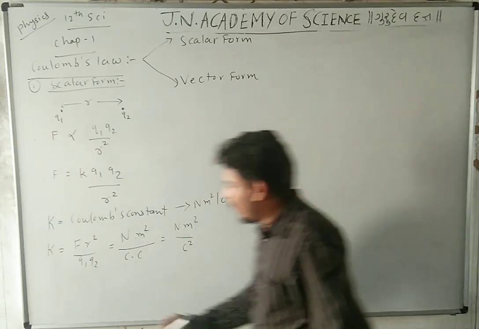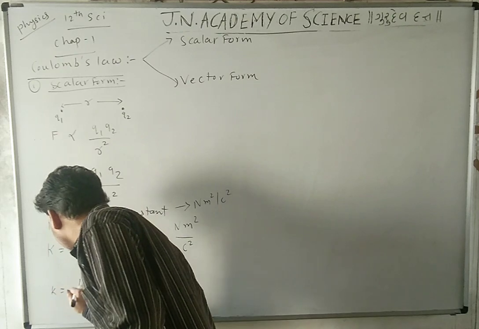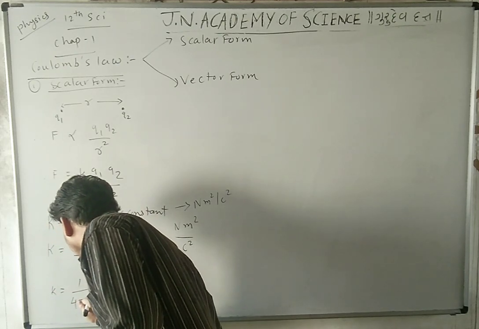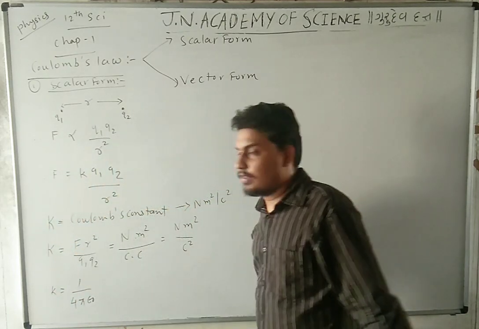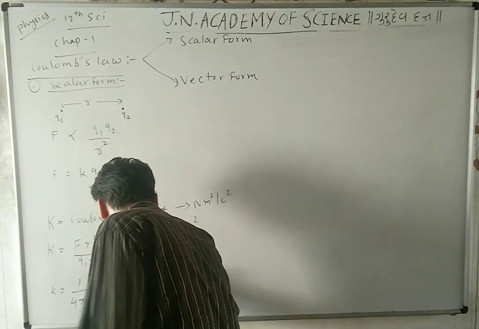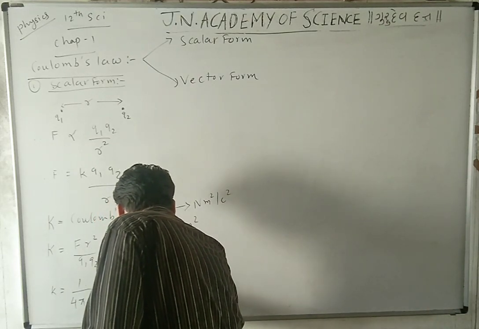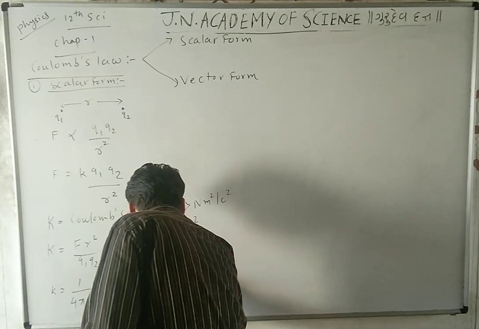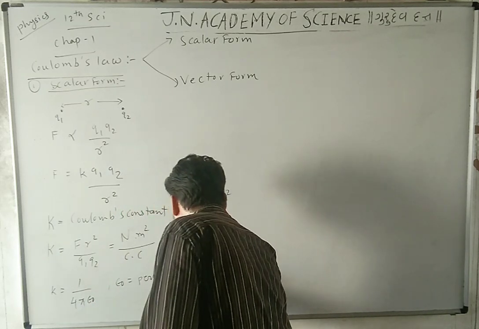But in detail we can say that K is 1 upon 4 pi epsilon naught, where epsilon naught is the permittivity of free space.